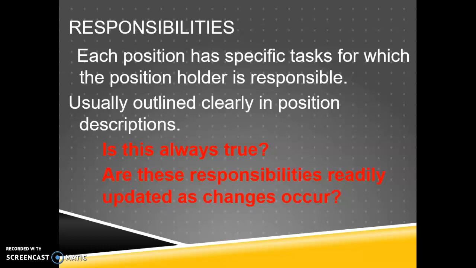You might have a competency checklist for a specific unit that outlines, okay, in this unit I have to do X, Y, and Z, whereas in another unit I might not be responsible for that. So that's a huge amount of tasks and responsibilities to totally understand, and in healthcare that's often changing. So we frequently see that job descriptions do not keep pace with the changes.